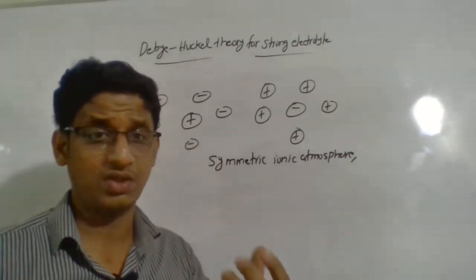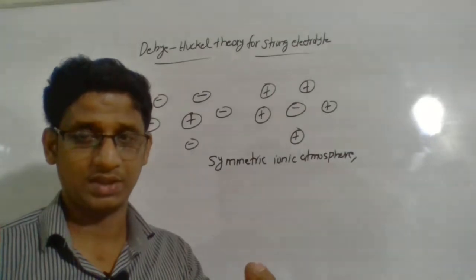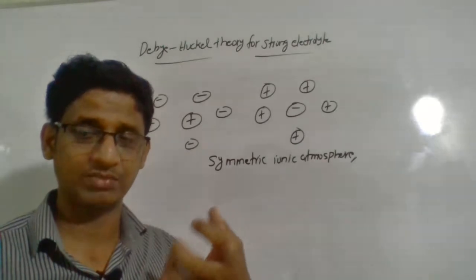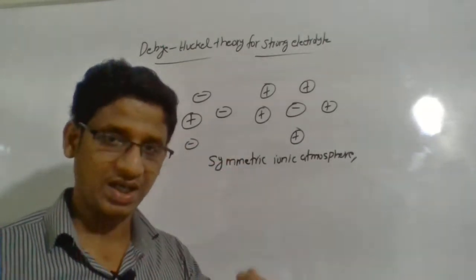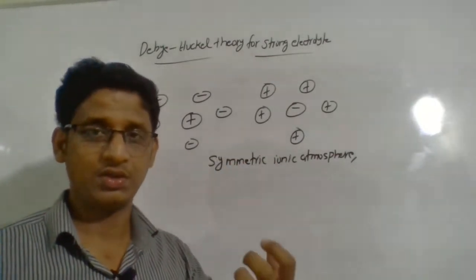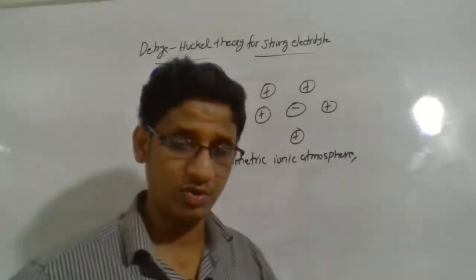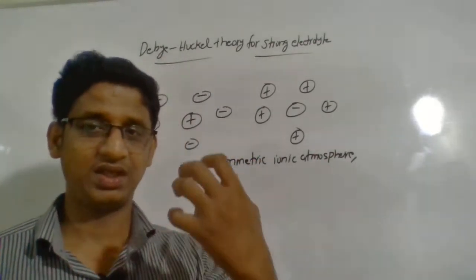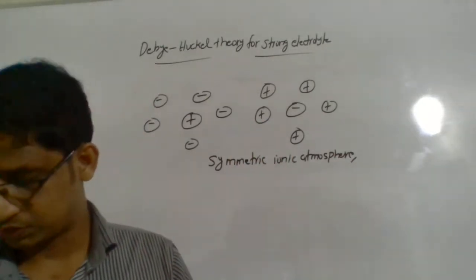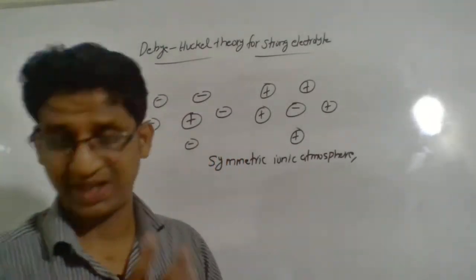Depending on how much ionic attraction there is in the solution, the molar conductivity varies. At higher concentration, the oppositely charged ions attract more strongly, which means molar conductivity will be less. And at a very dilute solution, the attraction between oppositely charged ions is very small, which means they can move much better, in a more free manner. So that is the point related to the symmetrical atmosphere.